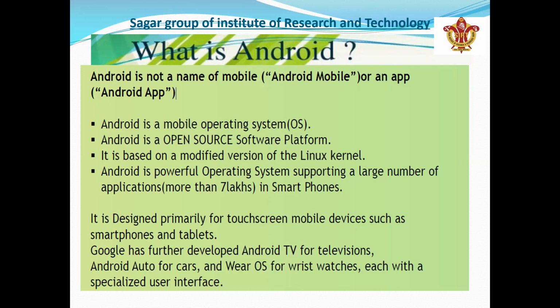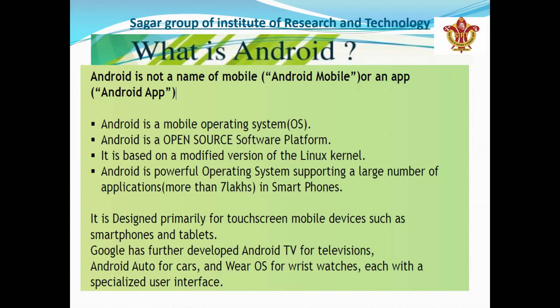It manages both hardware and software and provides common services, common behavior, or we can say a common platform for computer programmers. So when operating system is added with Android, it is completely, we can say, Android operating system, right? So this is a type of operating system, not a type of mobile, not a type of Android app.